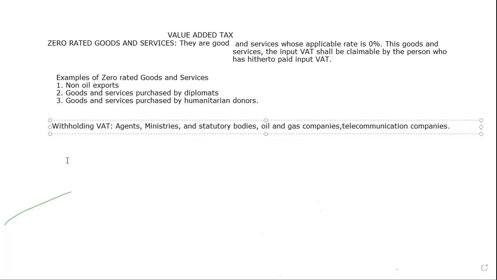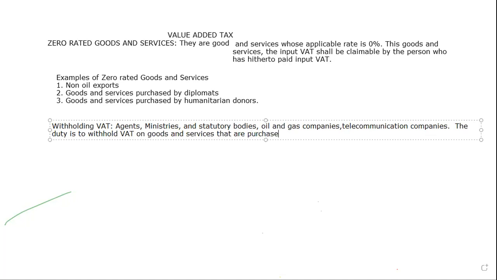So what is their major work? Their major duty is to withhold VAT on goods and services that are purchased. Now, let me explain what this means.